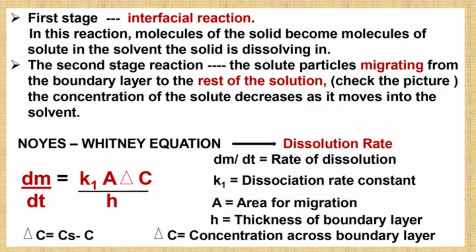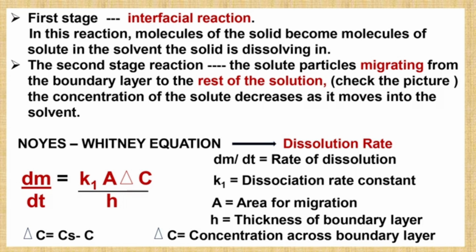In the second stage, the solute particles migrate from the boundary layer to the rest of the solution. It is already represented in the picture, in the graph for the dissolving particle. So in the second stage, what is happening? The solute particles migrate from the boundary layer to the rest of the solution.